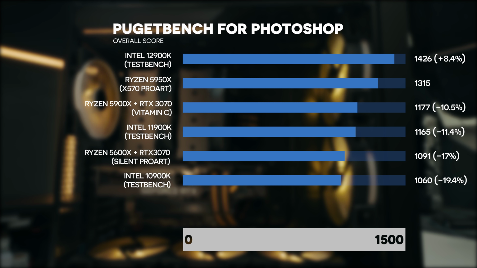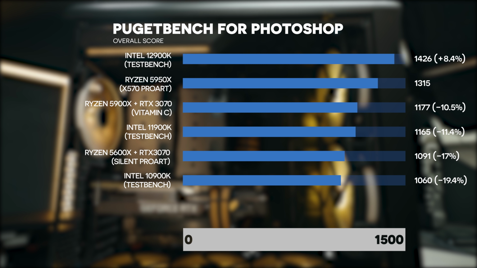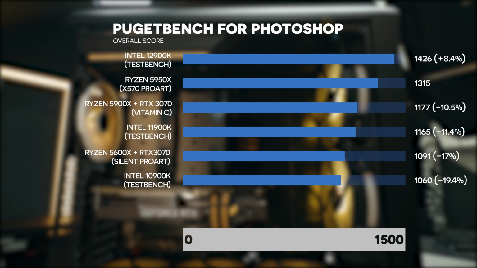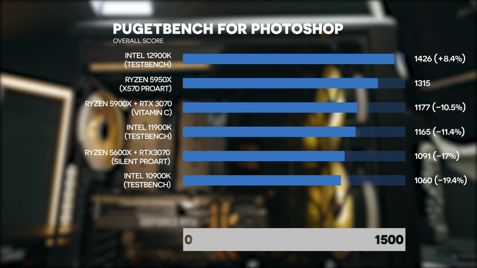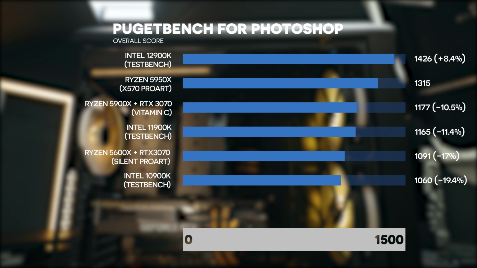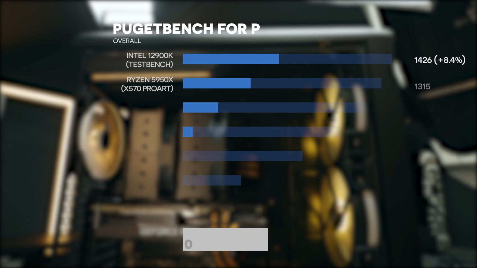Then the 11900K, we are 11.4% faster. The silent ProArt build that we did on the channel, which is 5600X and a 3070, is 17% slower, and the 10900K with 3090 is 19.4% slower.